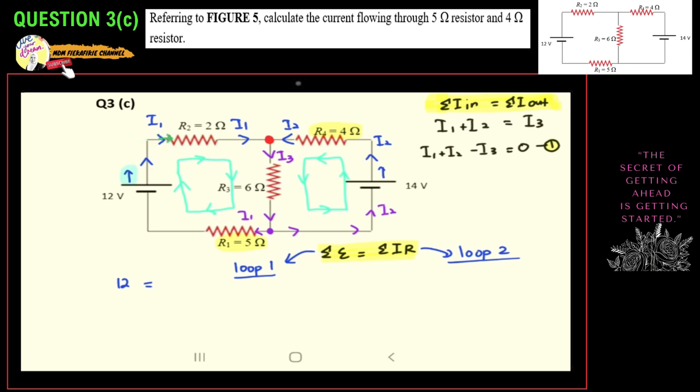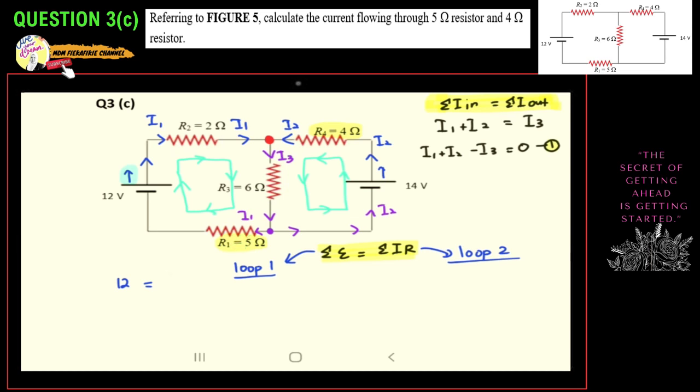I1 is the same direction with the loop, so it's positive value, positive I1 R2. And for this one, still same direction, so positive I3 R3. And the last one is positive as well, since the direction of I1 is the same direction with the loop. And it is I1, positive I1 R1.